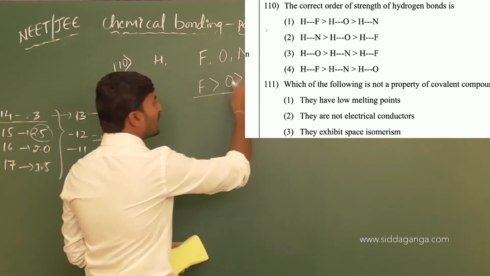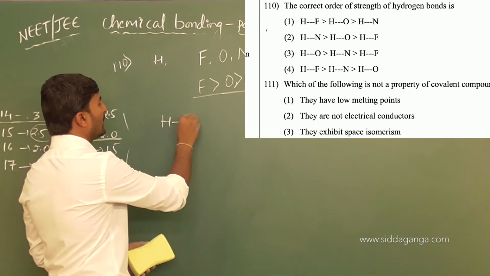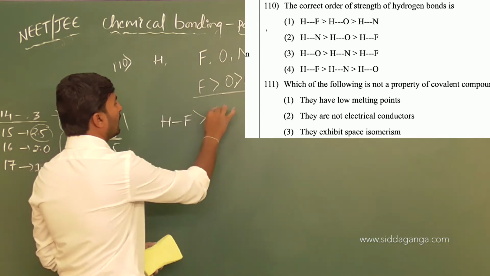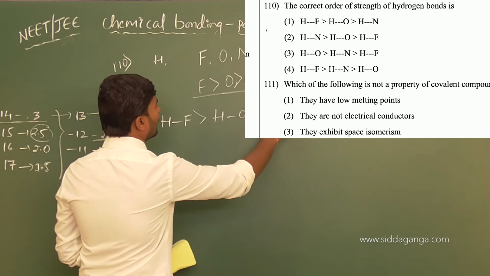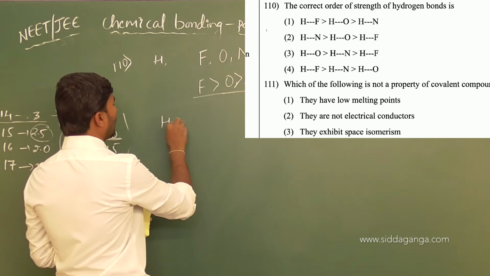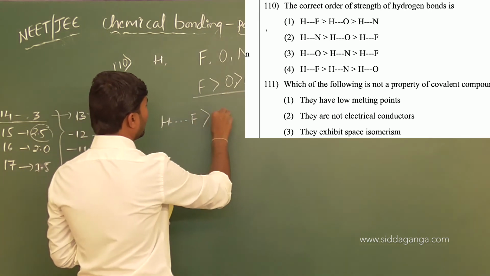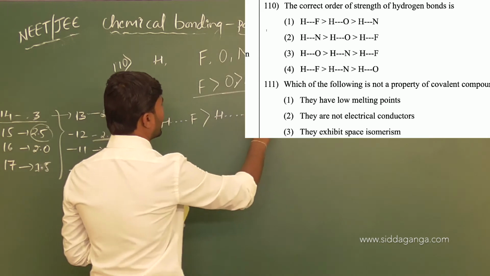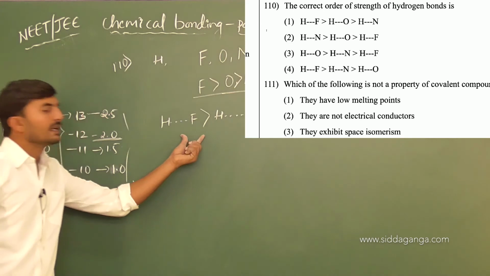the combining most electronegative atoms. Here, if the bond takes place between H and F, it is stronger than the bond between H and O, which is stronger than the bond between H and N. Okay, we should not represent them like this. We have to represent it with dotted symbols. HF is greater than HO is greater than HN because of the electronegativity difference.